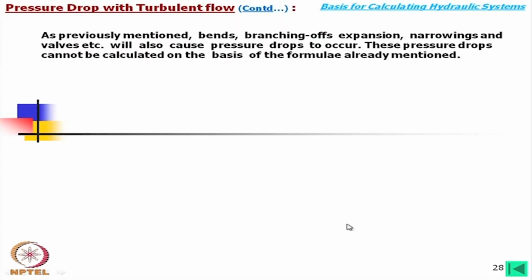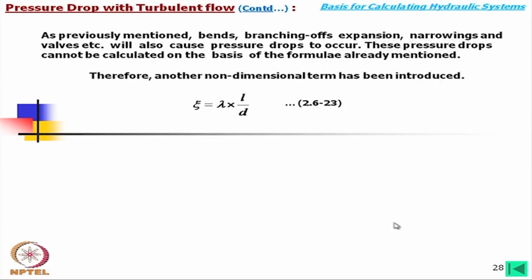As previously mentioned, bends, branchings, expansions, narrowings and valves will also cause pressure drop to occur. These pressure drops cannot be calculated on the basis of the formulas already mentioned. We have to calculate them separately, and there we introduce a new factor, which is lambda into L by 2.